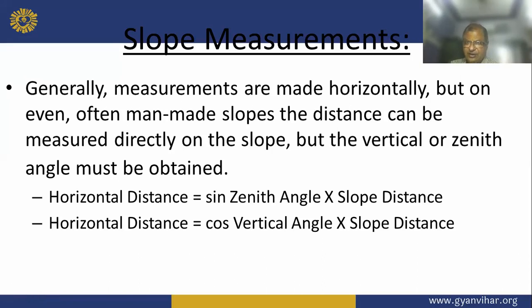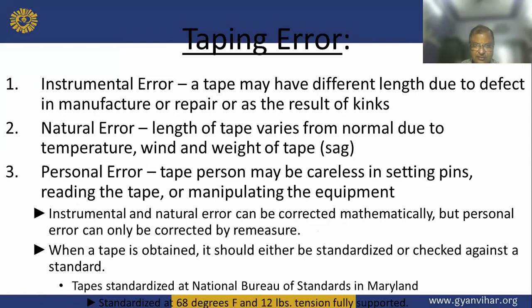Generally measurement is made horizontal but often made on a slope. The distance can be measured directly. Instrumental error: a tape may have a different length due to defects in manufacture or repair.